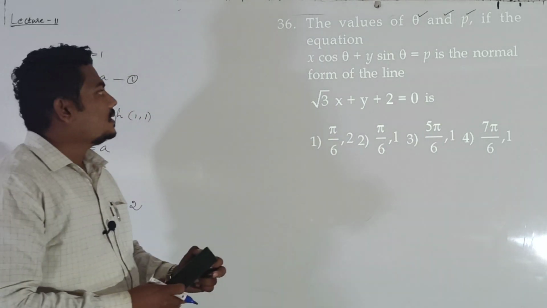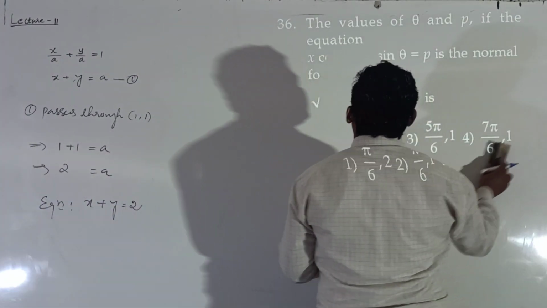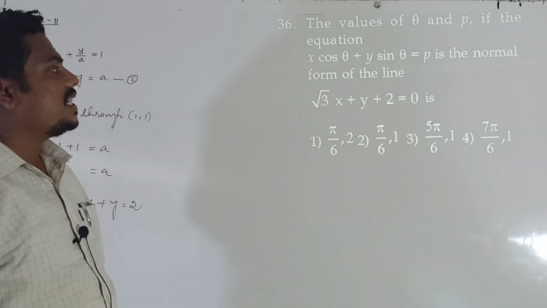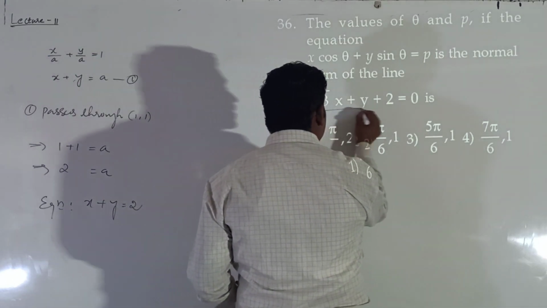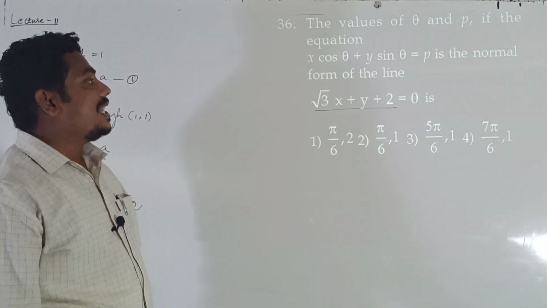Next, find the value of theta and p, if the equation x cos theta plus y sin theta equal to p is the normal form of this equation. Just write this equation in normal form, then write the theta value and p value.